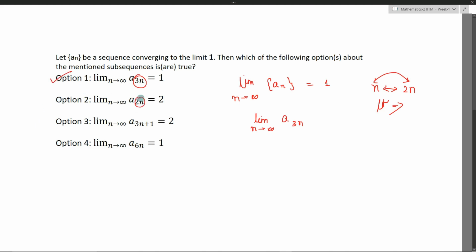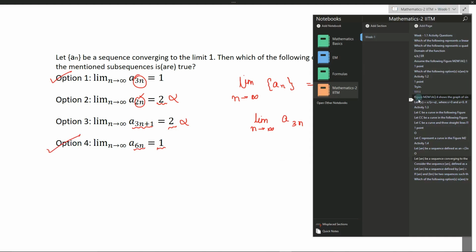Again, 2n is a subset of n, but the limit is different, so this is not correct. What about 3n plus 1? 3n plus 1 is a subset of n, but the value of the limit is wrong. So what about the last option? 6n is a subset of n and it is converging to the same limit, so this option is correct.